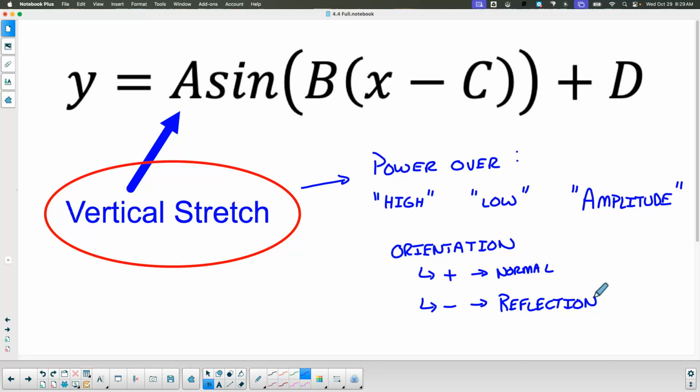So if A value is negative, sine would start at the middle still, but instead of going up, it would go down to the low, then back to the middle, then to the high, then back to the middle. If it's cosine, instead of starting up, it would start down: low, middle, high, middle, low. So those get flipped over, reflected, or rotated around that middle line, however you can get it into your brain.